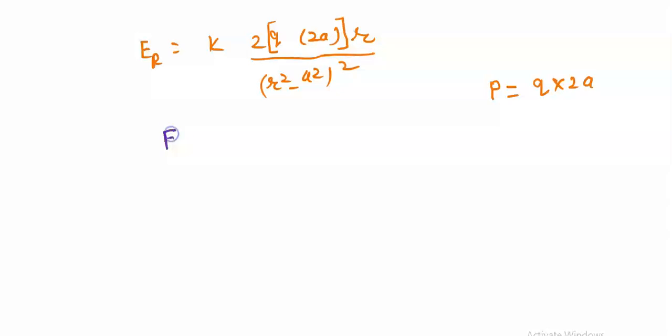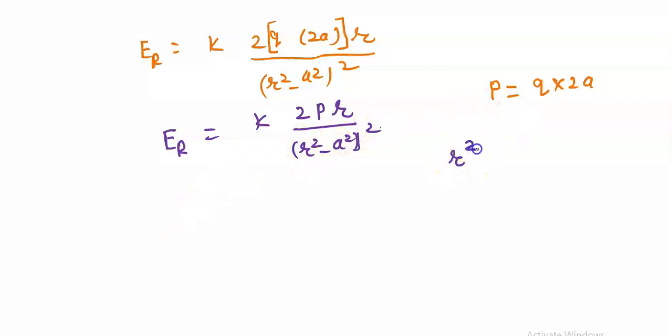So in the very next step, we can write ER is equal to K, 2PR upon R square minus A square whole square. Okay, now in this particular case, we will assume that R square is extremely greater than A square. So if it happens, then we can write R square minus A square equivalent to R square.